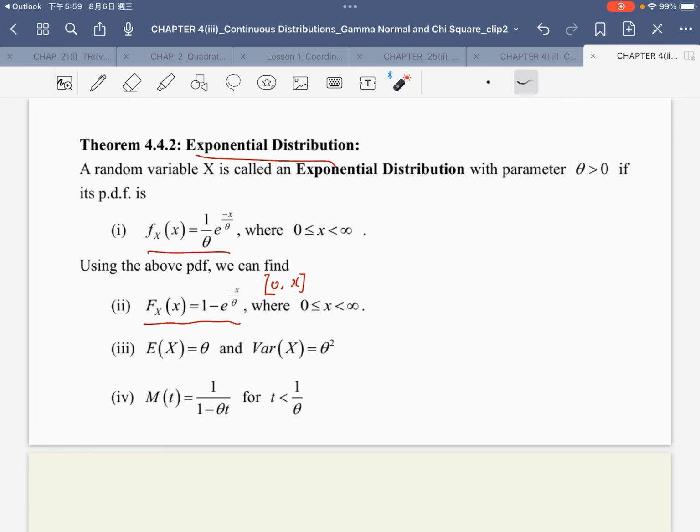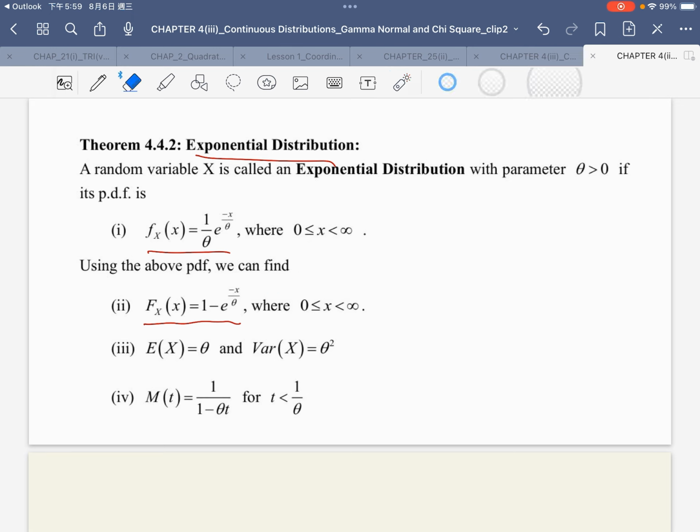Okay, here I actually want to talk about the exponential distribution. If f(x) equals 1 over theta times e to the power minus x over theta, then the cumulative function capital F(x) equals 1 minus e to the power minus x over theta.